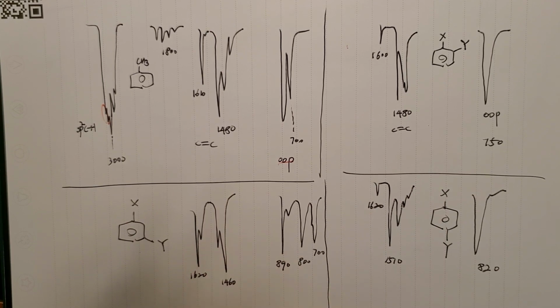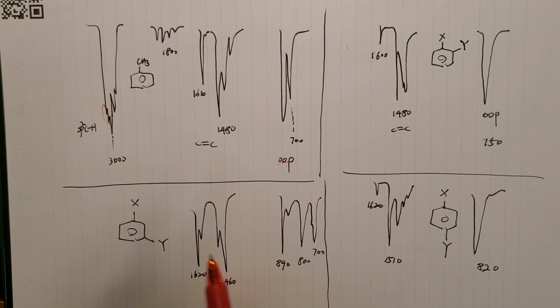I mean, I said total 6 or more stretchings are there, and you only see 4, so you expect a couple more. And they can fall into the bending vibration mode area, 1450 and below, so you may not notice.